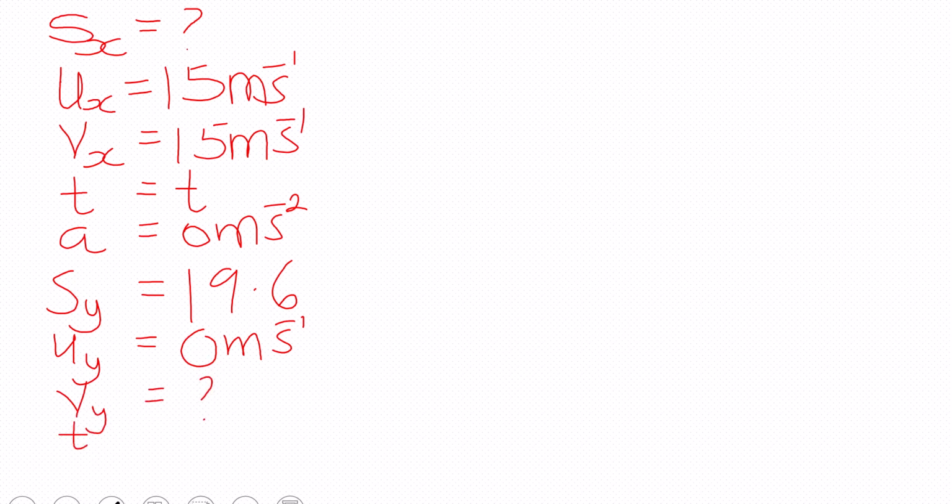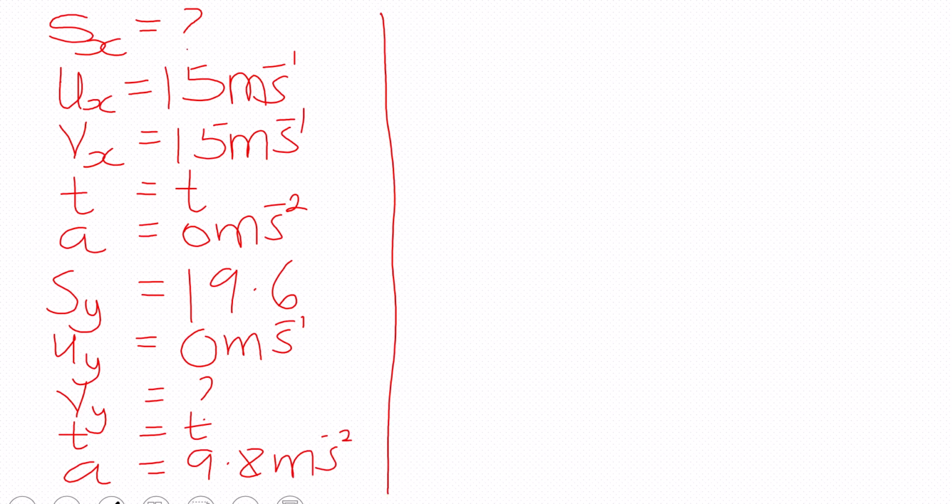Our t will be the same as for x, and our acceleration will always be 9.8 meters per second squared if the particle is going down. So from here, I think you realize that we are going to use the information for y.